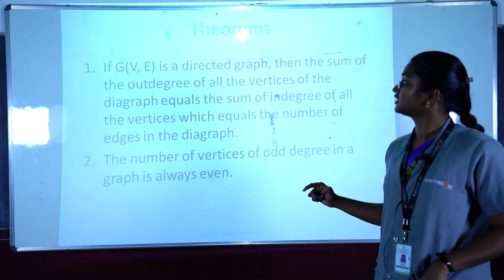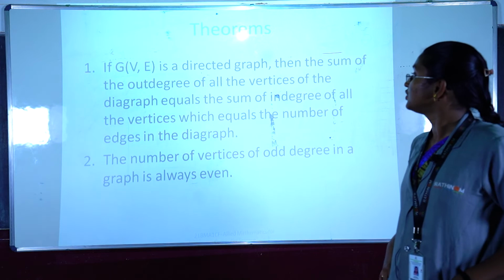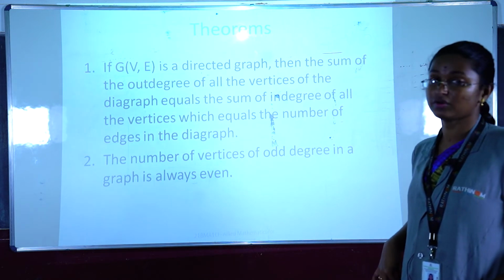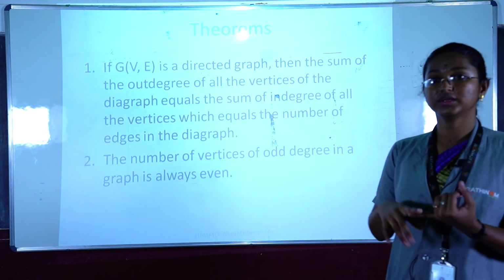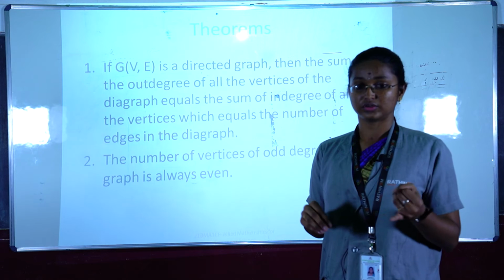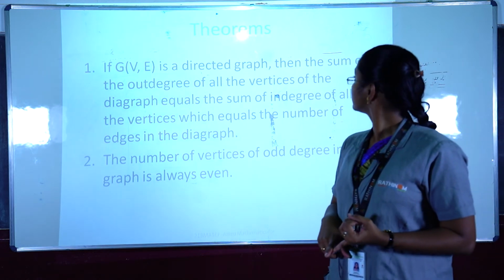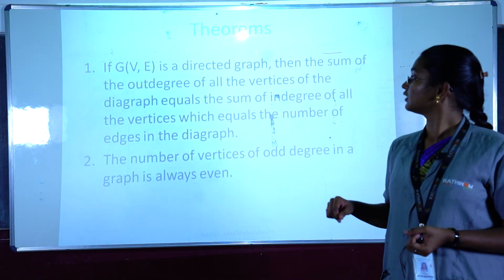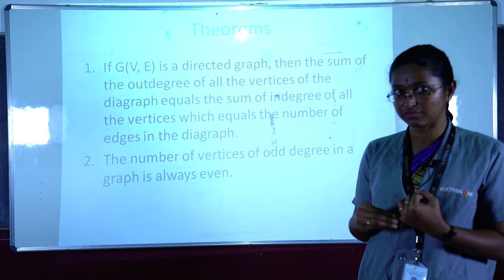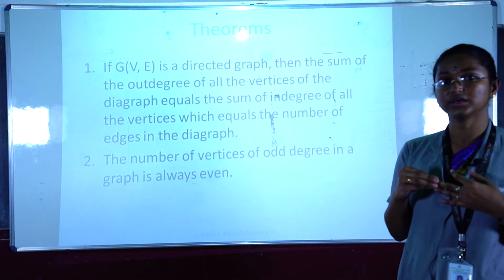The first theorem states that if G(V, E) is a directed graph, then the sum of all out degrees of all vertices is equal to the sum of in degrees of all vertices, which is equal to the number of edges in the graph.